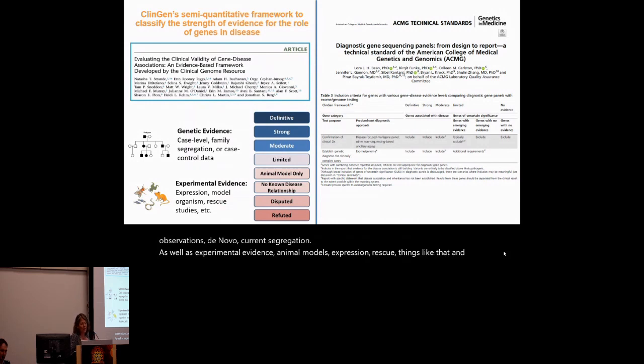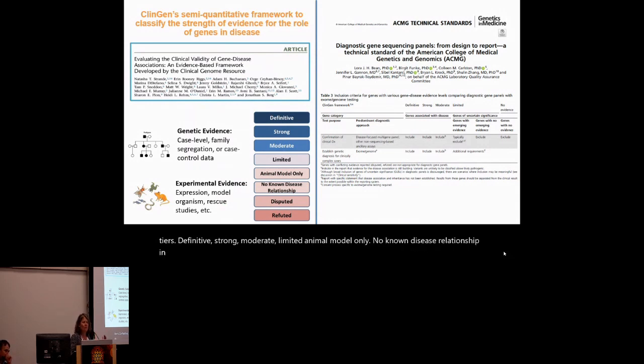We then aggregate that evidence together to classify each gene disease relationship in one of these tiers: definitive, strong, moderate, limited, animal model only, no known disease relationship in humans, or even disputing or refuting that claim. There's also professional guidance from ISMB that guides how those tiers are used in clinical genetic testing, with the basic premise being, if you're developing a disease-targeted multi-gene panel, only use genes that are moderate and above and exclude the limited and below.